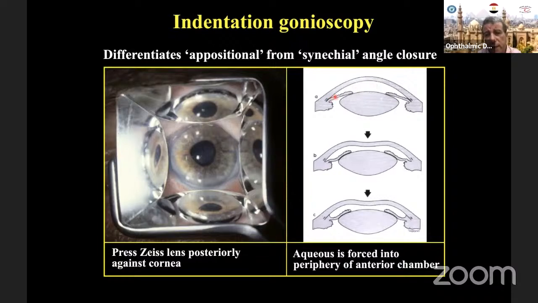Here the angle is closed, and if we do indentation, pressing on the dome of the lens with the gonio lens, the fluid is pushed to the periphery and pushes the iris backward and opens the angle again. Aqueous is forced into the periphery of the anterior chamber, and this means that it is appositional angle closure and not synechial.